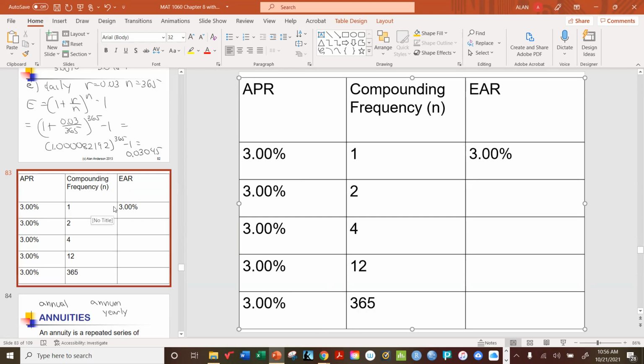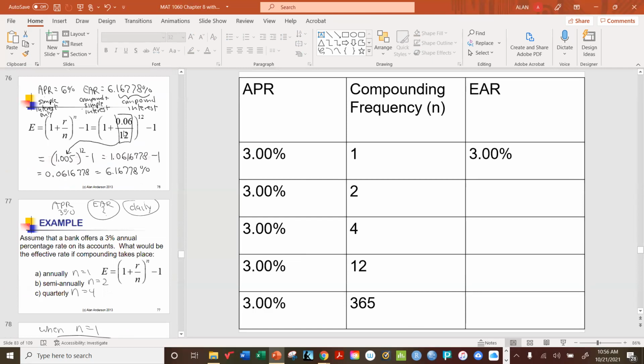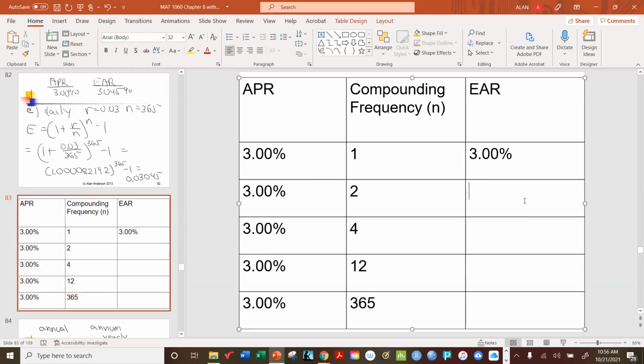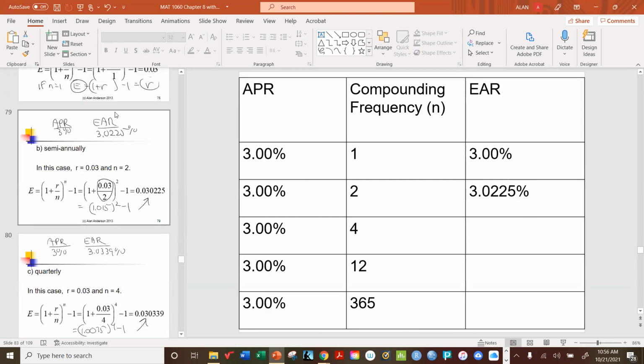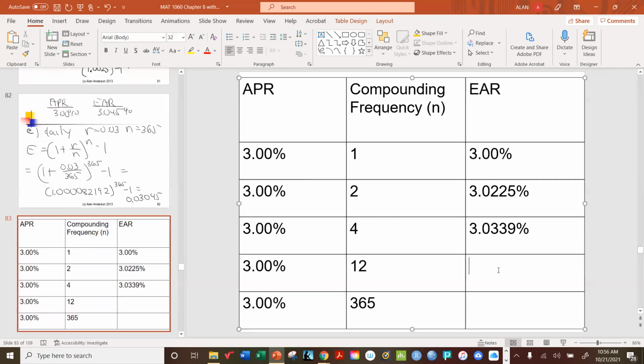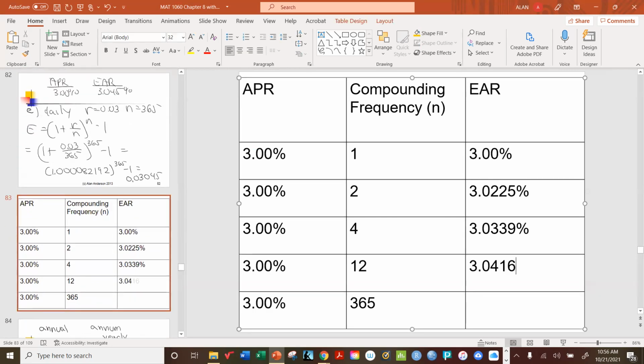Okay, so let's go back and revisit these numbers. So in the second case, we get 3.0225%. And then we had 3.0339%. And then for monthly, we had 3.0416%.